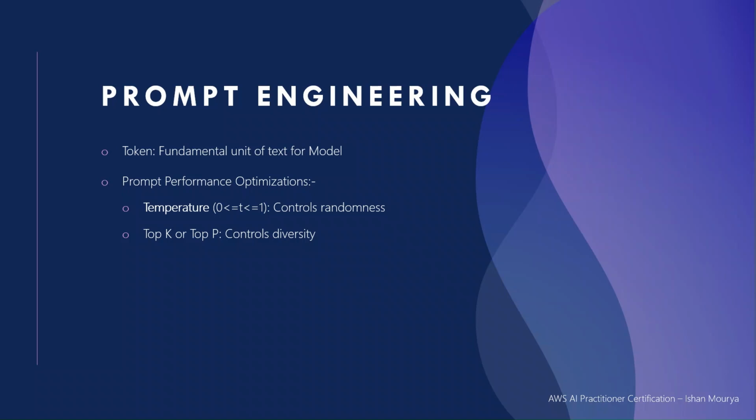For top P and top K, the first is top K. Top K is going to limit your next token possible options to K. K is going to be an integer. Let's say we have provided a value of 5 over here. Even if by default your next token list consisted of 10 options, if you have provided the top K value as 5, it will filter them down to the 5 most favorable next tokens.